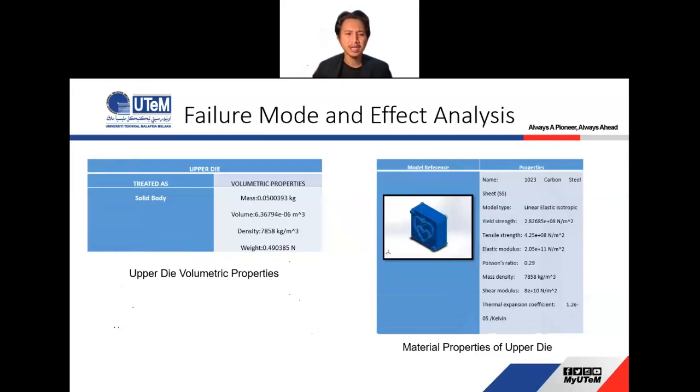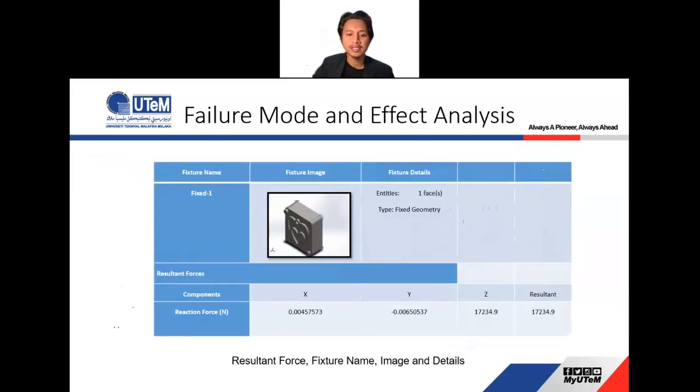As you can see, the left one is the upper die volumetric properties, the right one is the material properties of the upper die, and this is the resultant force, fixture name, image, and details. For the resultant force, we already calculated based on the punching force that we got earlier.